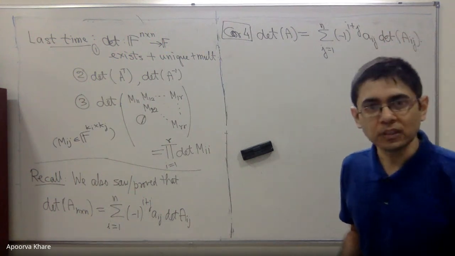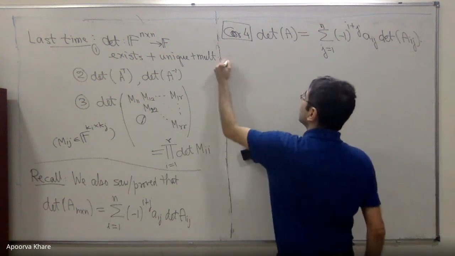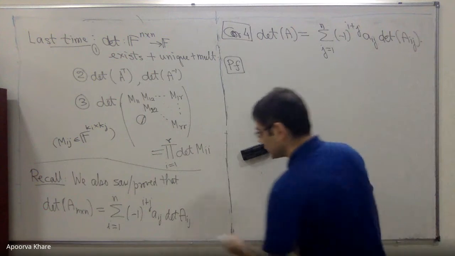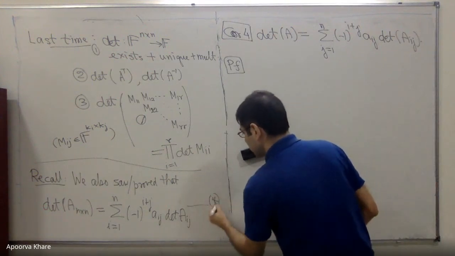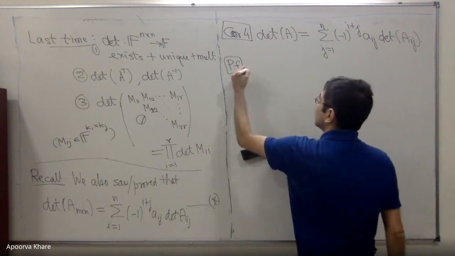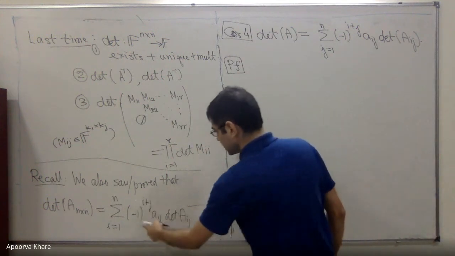And that is obvious. Proof: using this, let me call this star, basically I take transposes twice.